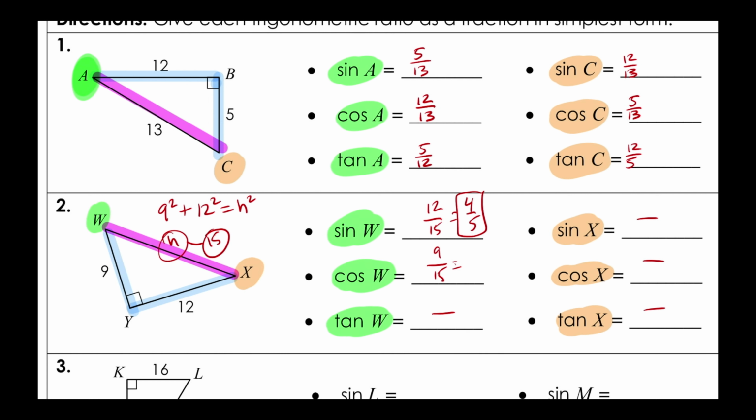Again, I can simplify that, so I get 3/5. And then the tangent of W is opposite leg over adjacent leg. So it's 12 opposite over 9 adjacent. So 12 over 9, and if I simplify that by 3, I get 4/3.